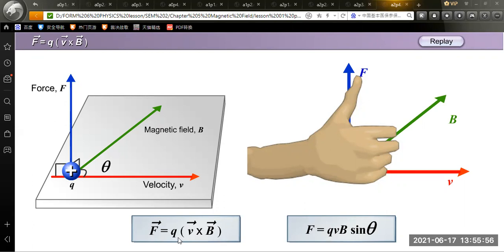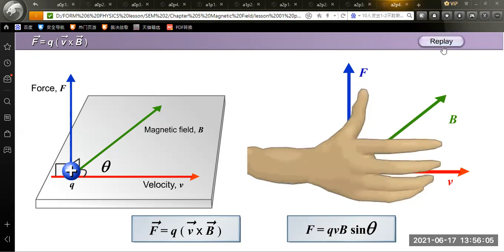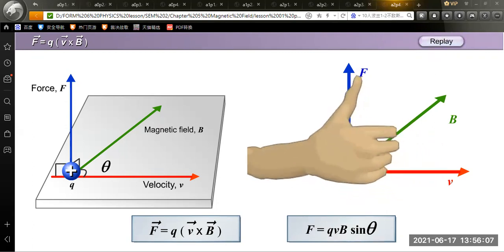Q is the charge, V is the speed of the charge, and B is the magnetic field.